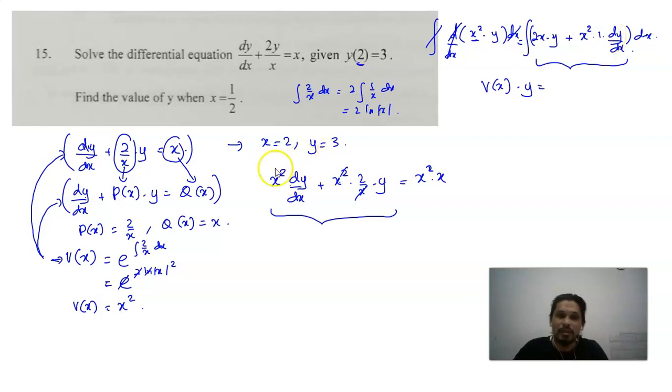We integrate on the left side, and also integrate on the other side with respect to x. So this one, differentiate and integrate, gives us v(x) times y.